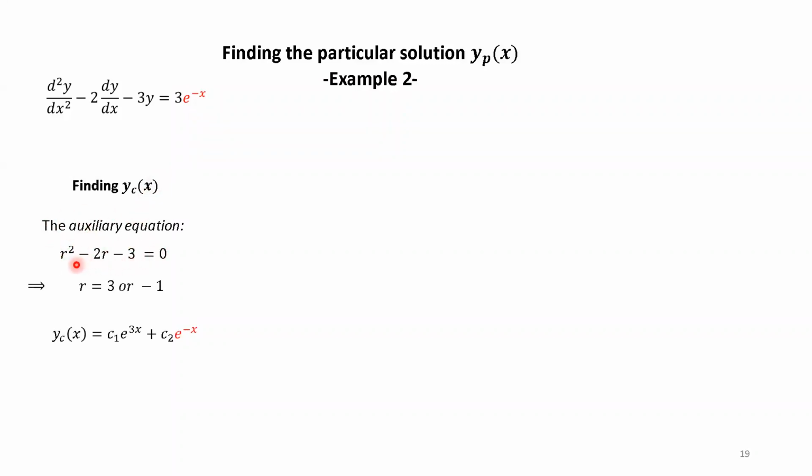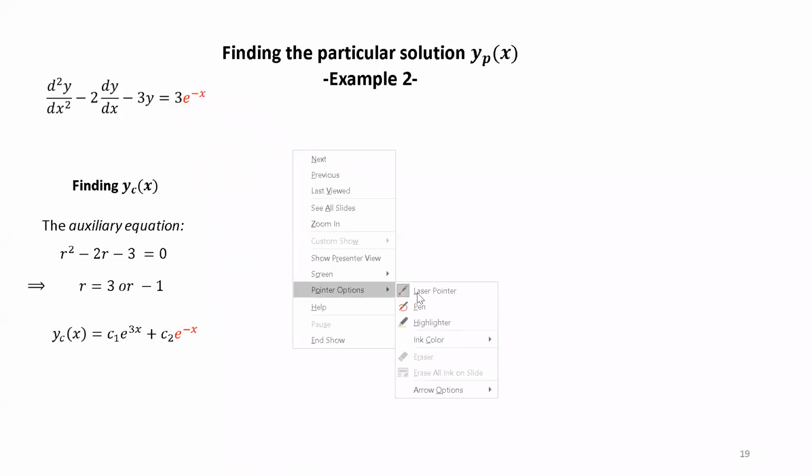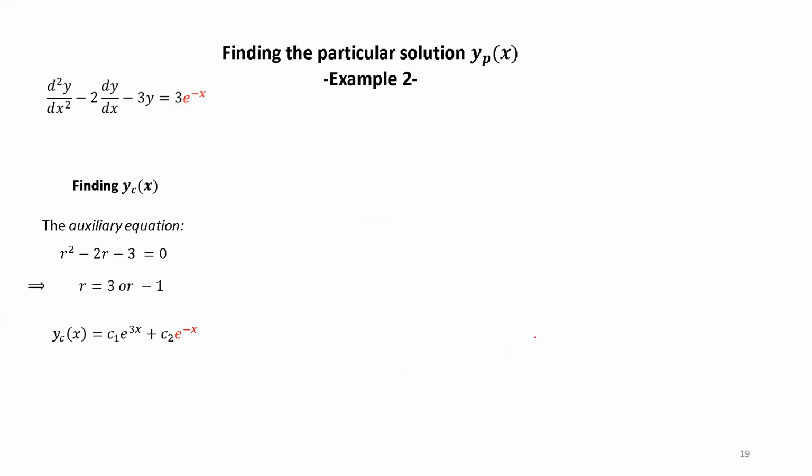Then this time you find that the complementary solution is a linear combination of these two exponential functions. So now we have a slight problem here, is that you can see that one of the solutions here is actually the same as my function on the right. So that means if I am going to use the same strategy as the last slide, that I let yp equal to some constant e to the minus x, then that is a problem, right?